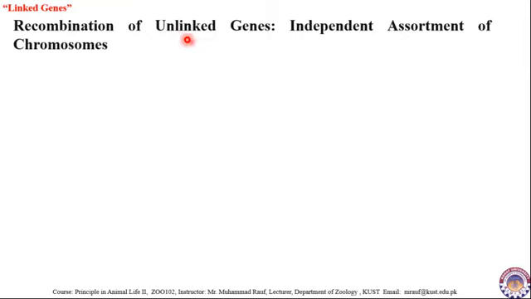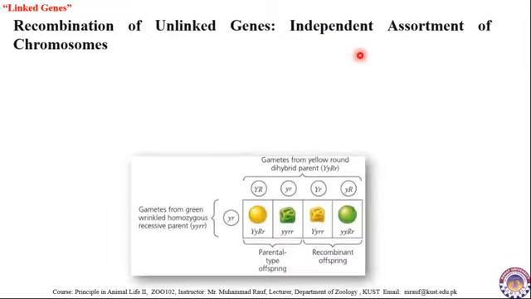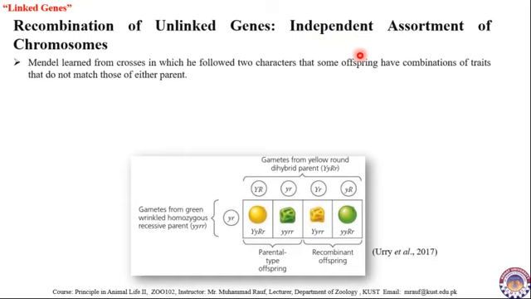So unlinked genes are assorted in a typical Mendelian way, and they show independent assortment. Now Mendel learned from crosses in which he followed two characters that his offsprings have combinations of traits that do not match those of either parent.